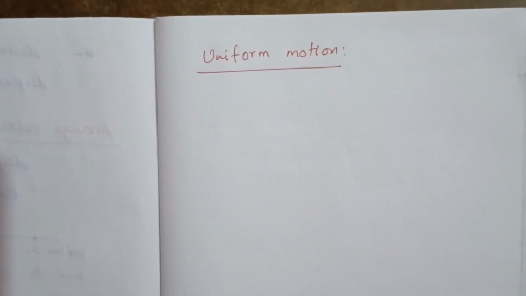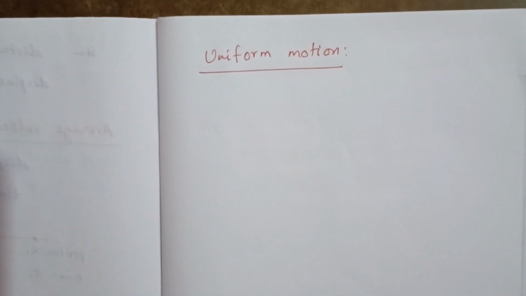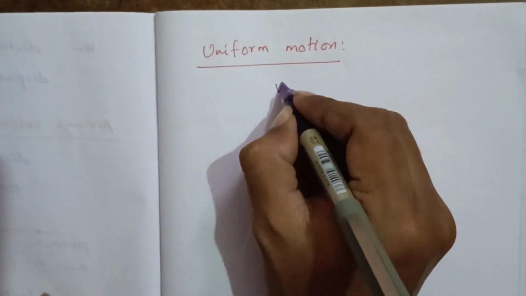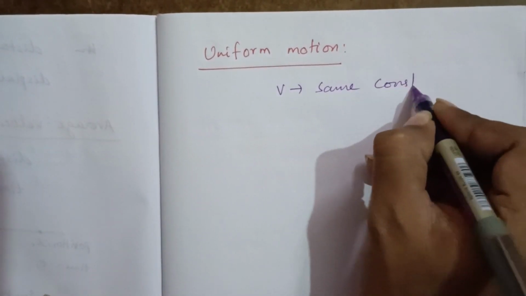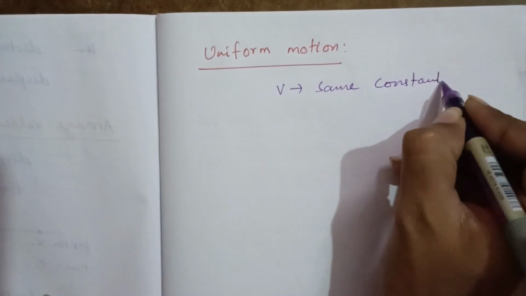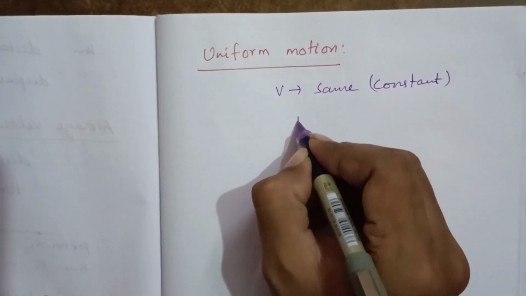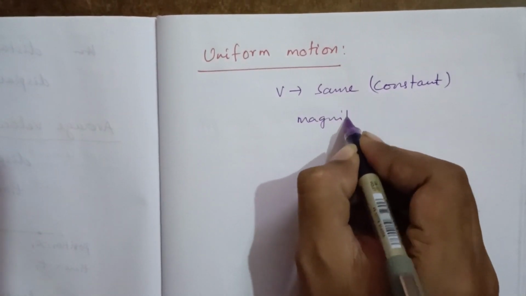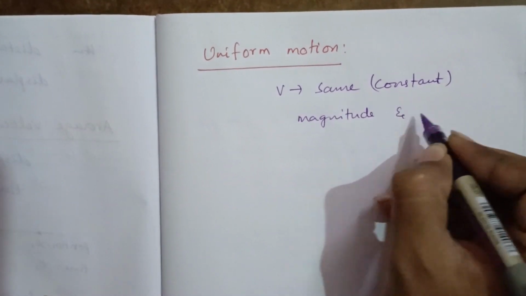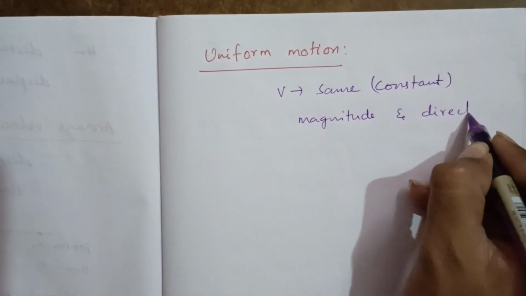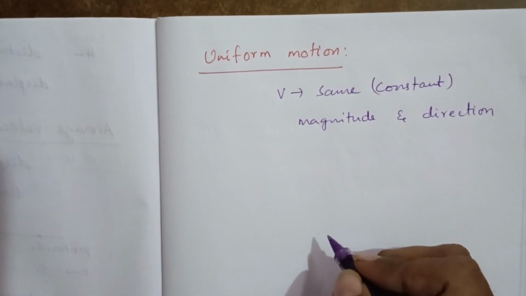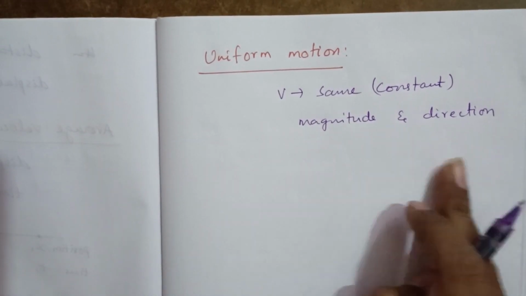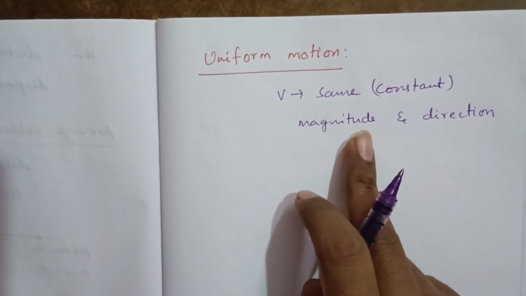Velocity is the same, velocity is not changing. Velocity has both magnitude and direction, so in that motion both magnitude and direction are constant.